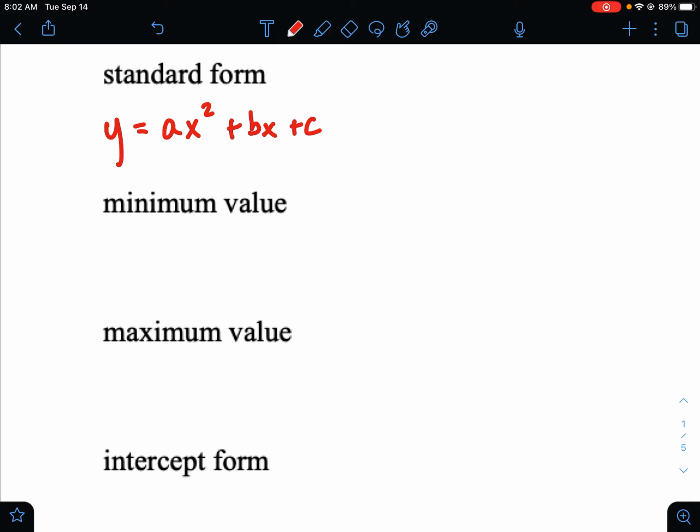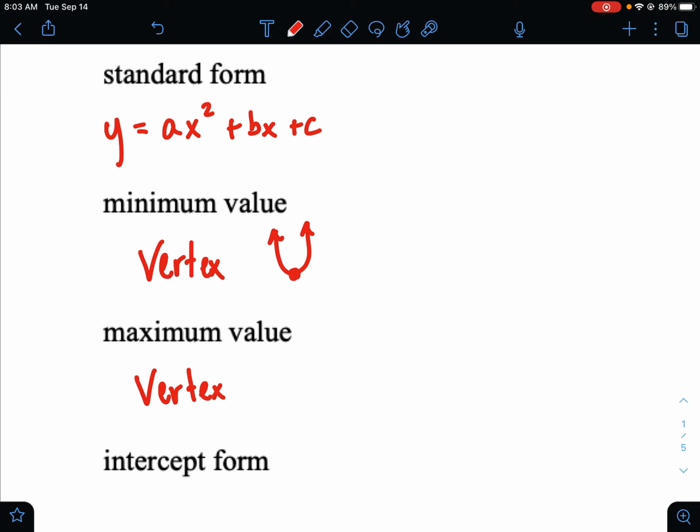The other thing that we need to understand is what is a minimum value versus a maximum value. Well, minimum and maximum are both types of vertex. Where you get a minimum value is if your parabola is a normal shaped parabola that goes down and back up, the vertex would be at the bottom.